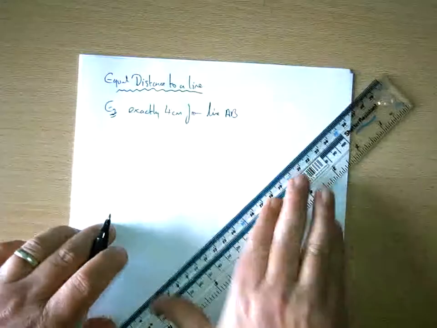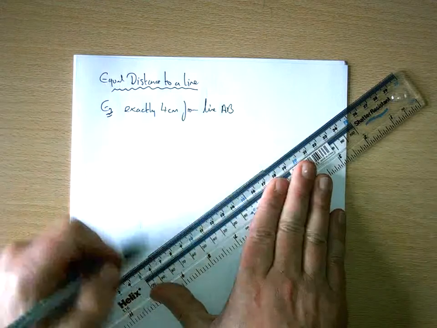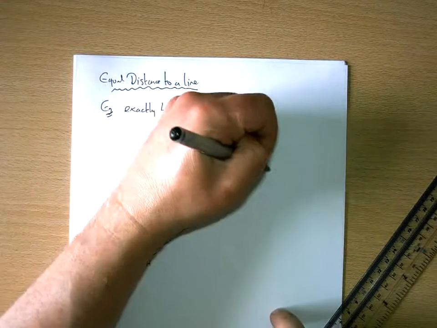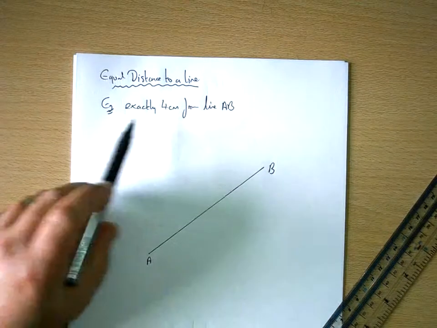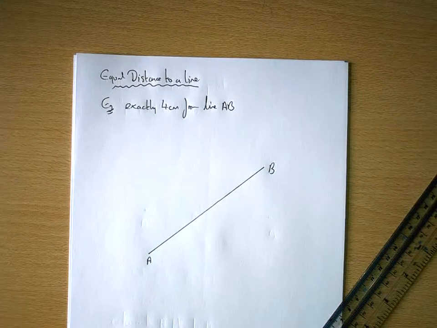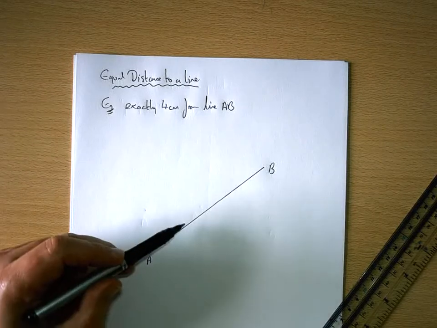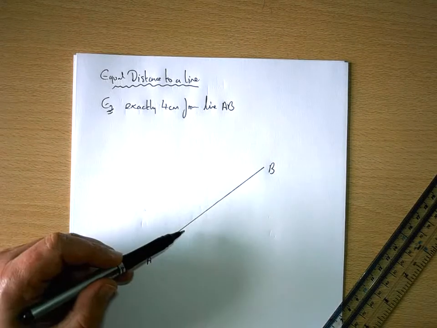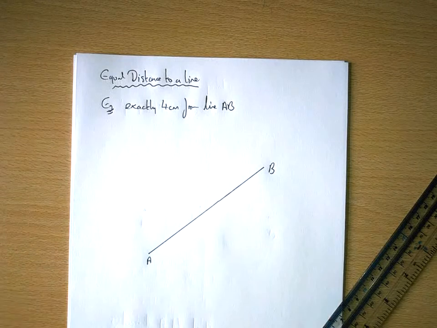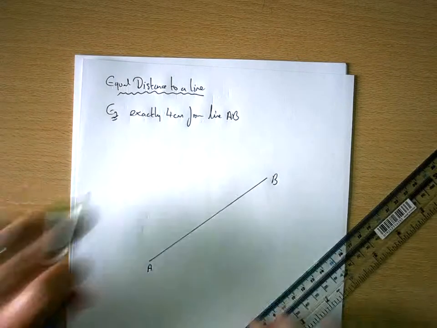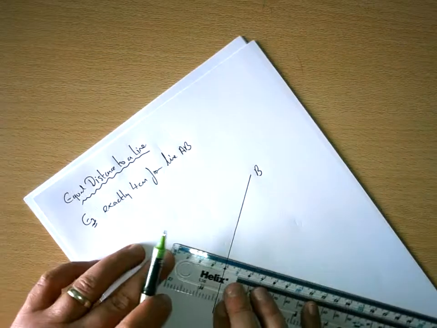If we've got a line which I'm going to call AB, and I want my line to be exactly 4 centimeters from it, well, it's going to be a parallel line. It could be a parallel line which is 4 centimeters this way, but it could also be 4 centimeters that way too. So the easiest way to do it is by measuring.